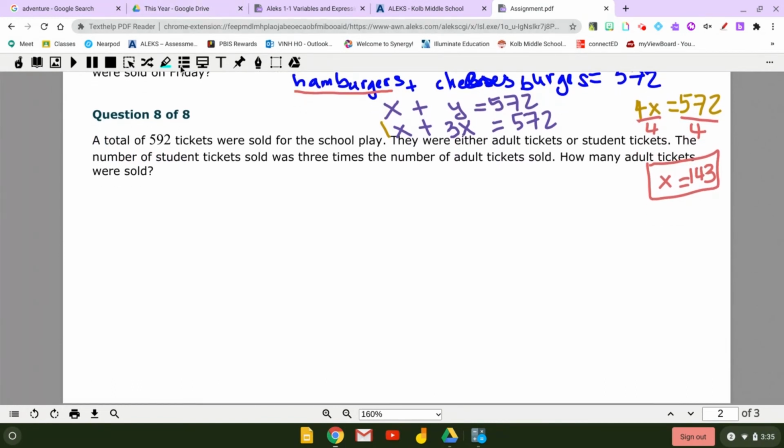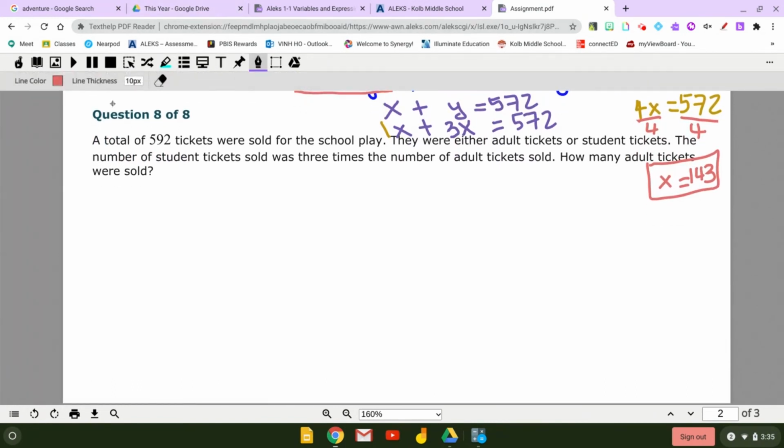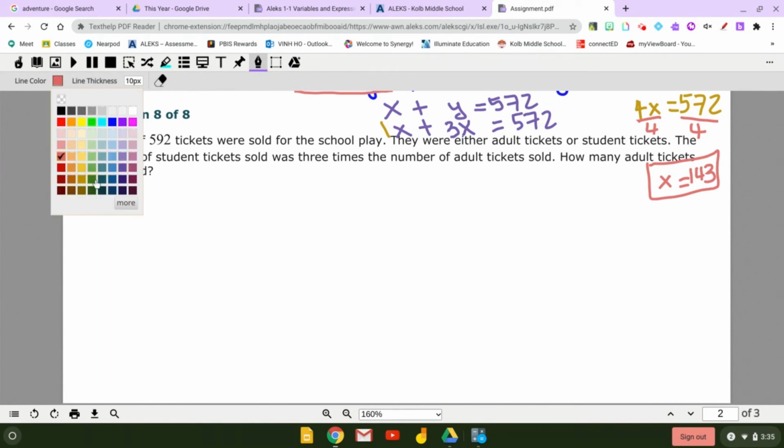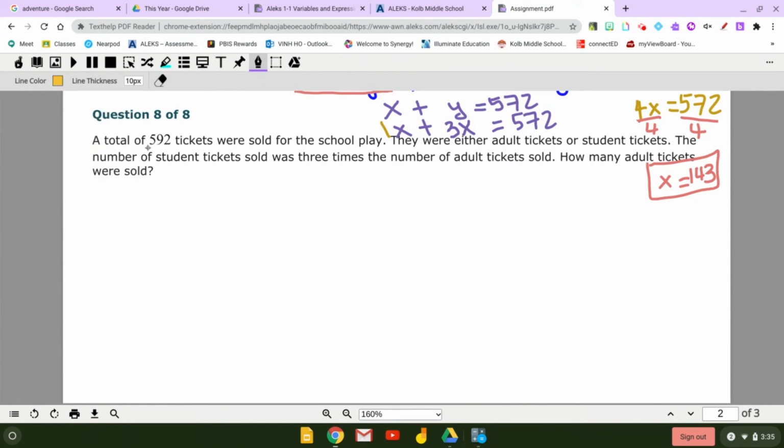A total of 592 tickets was sold for the school play. There were either adult tickets or student tickets. All right. So we have adult tickets plus student tickets equal to 592 tickets.